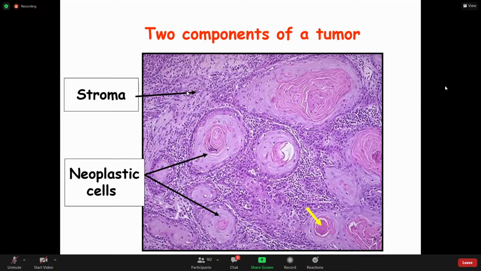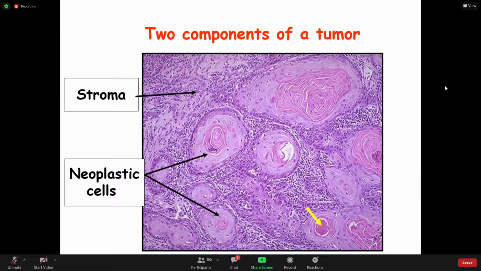On the other hand, what you find outside those nests is the stroma. The stroma is simply a mix of connective tissue and inflammatory cells. For a long time, we thought it was there simply carrying the tumor. We know now that it plays a very important role in the survivability of the tumor, making it become truly neoplastic and a truly invasive and metastatic tumor.